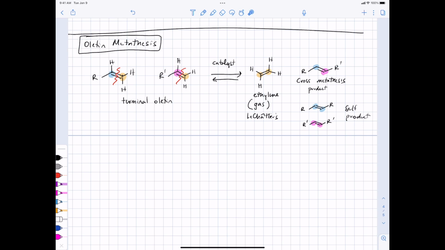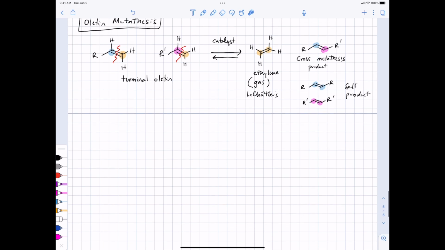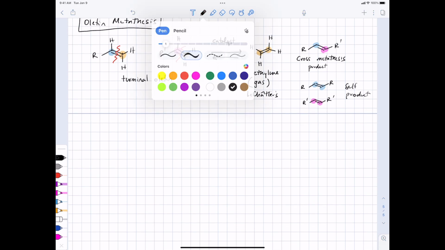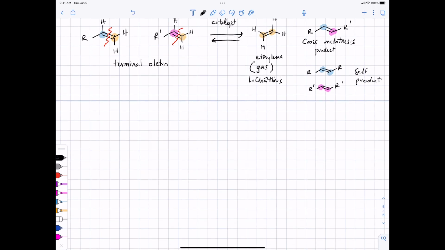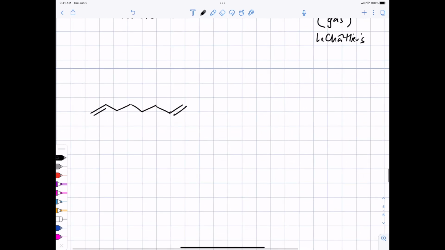One of the places where you have quite a bit of control is if the reaction can proceed in an intramolecular fashion. So I'm going to draw a molecule that contains two olefins. It's got the terminal CH2 groups, which we're going to color yellow.